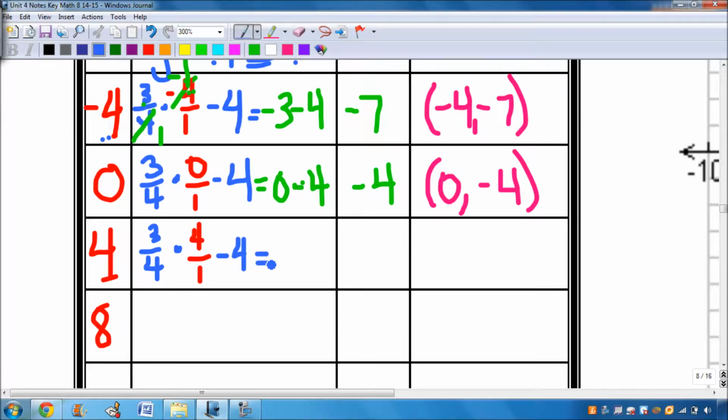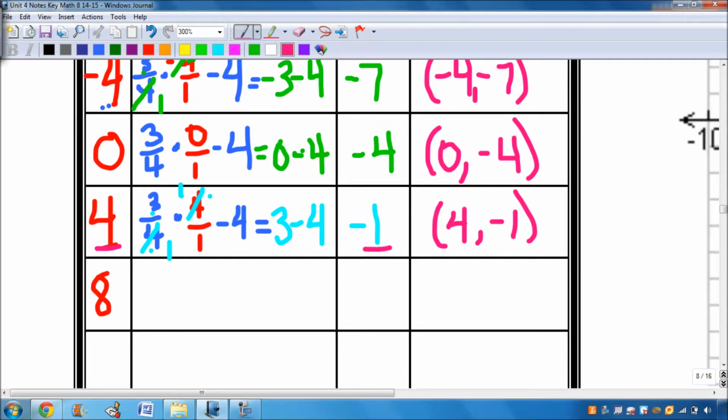Okay, so then I look and I see, what can I divide 4 and 4 by? Well, they're both divisible by 4, so this becomes a 1 and this becomes a 1. So it turns into 3 times 1, which is 3. So I get 3 minus 4, which is -1, which means my coordinate right here would be 4, -1. I get the 4 from here and the -1 from here.